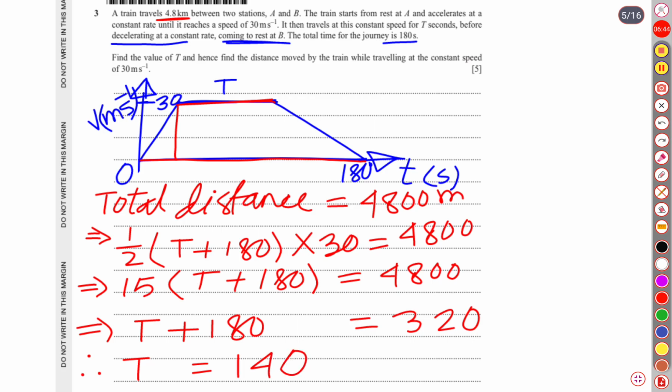So the value of t is 140, which means the train was traveling at a constant speed for 140 seconds. This is one of the answers.